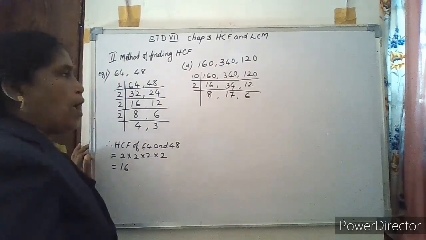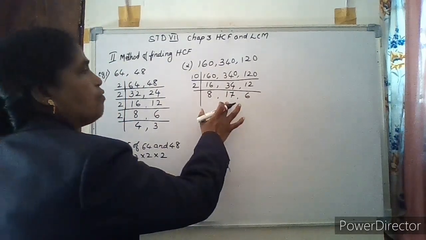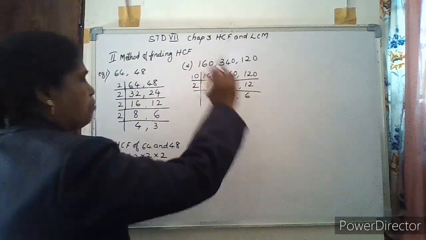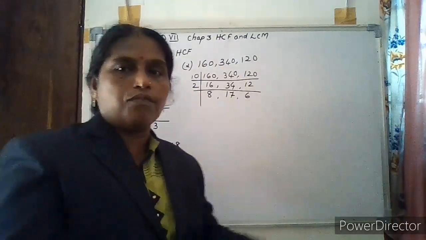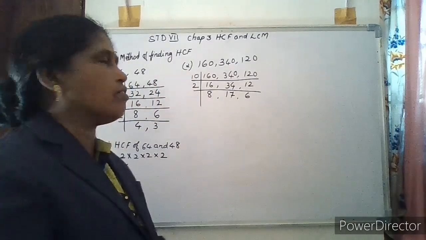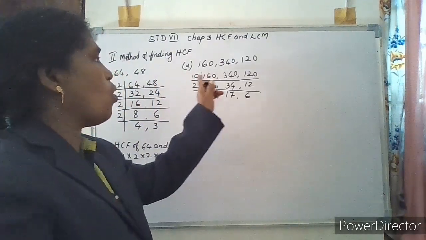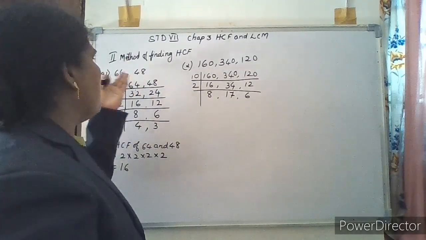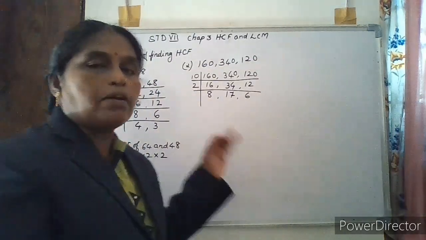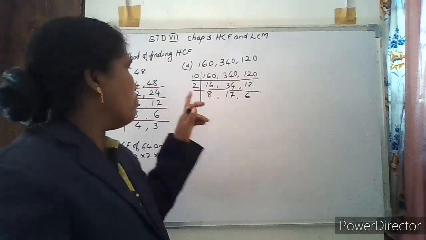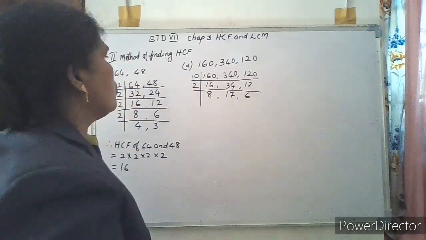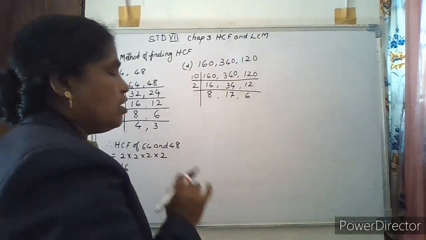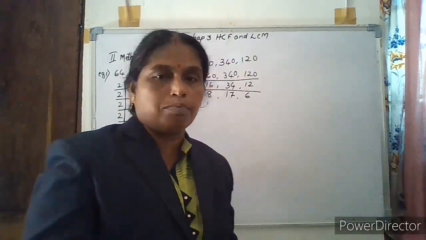17 is a prime number. So one of the numbers is a prime number, which means we cannot divide all three numbers together here. We have to take a divisor such that all three numbers, or if you are finding HCF for two numbers, both numbers, are divisible by the number you take. Now 8, 17 and 6 together are not divisible.